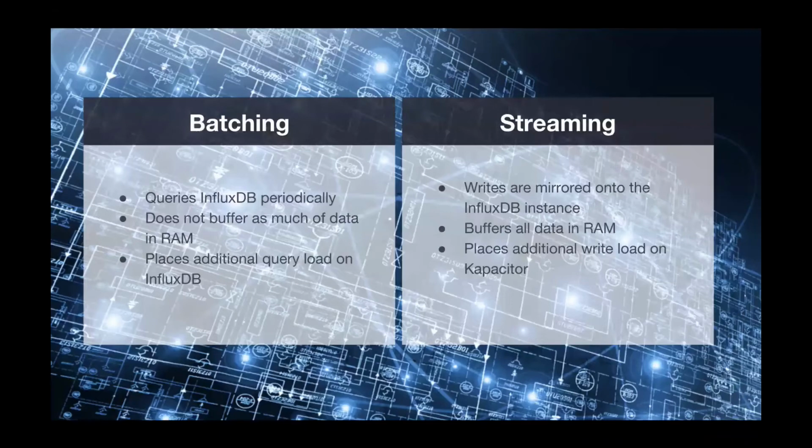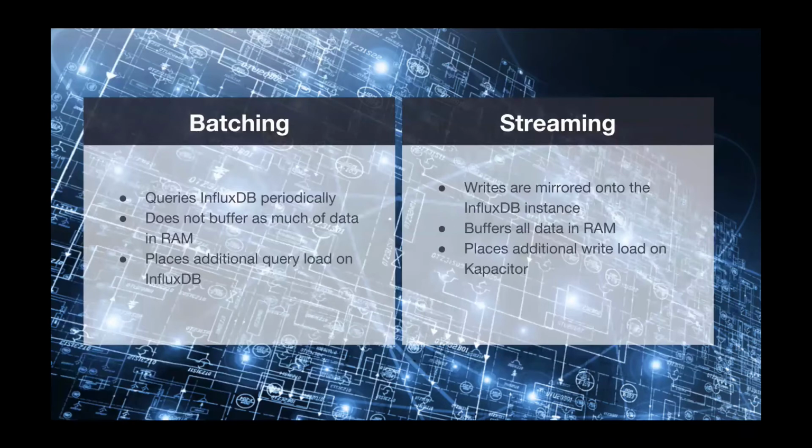Whereas with the stream tasks, which we saw as the first example before, stream tasks create that subscription where every data point that's written to InfluxDB is also written to Kapacitor. So all those writes are mirrored. And then because of that, it has to buffer all of that data in RAM. So you'll be putting a little bit more pressure on memory, less pressure in terms of querying the database, but more stuff in memory.